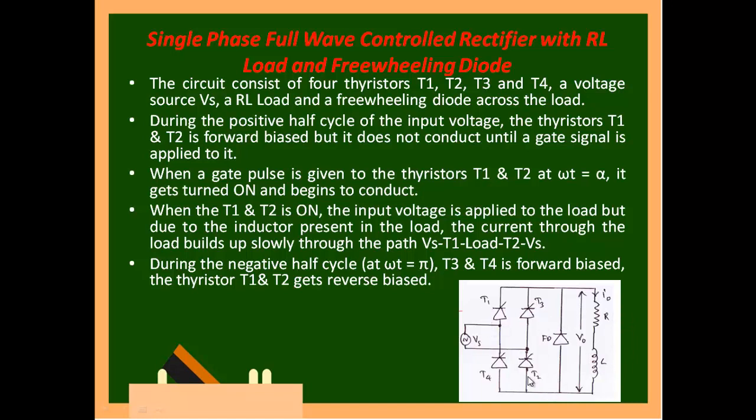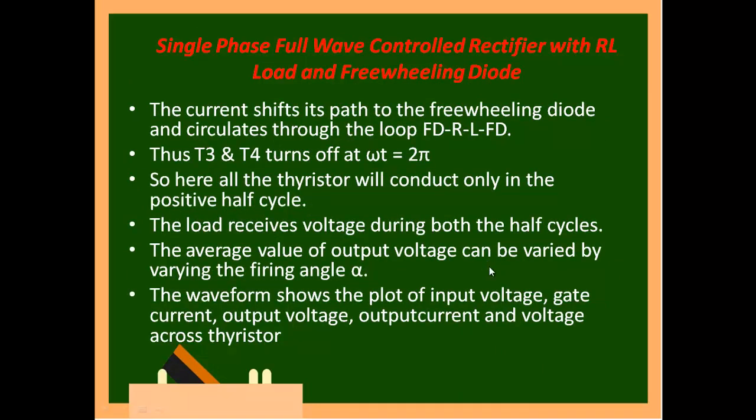But once T1 and T2, based upon the input, reach 0, this will be isolated with the help of the freewheeling diode. The freewheeling diode will take care of it and make the devices turn off.